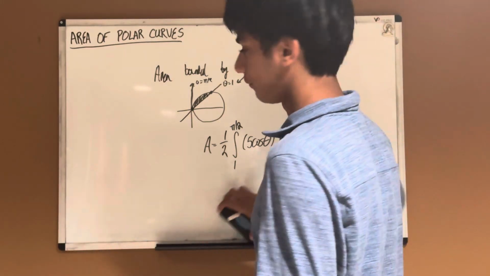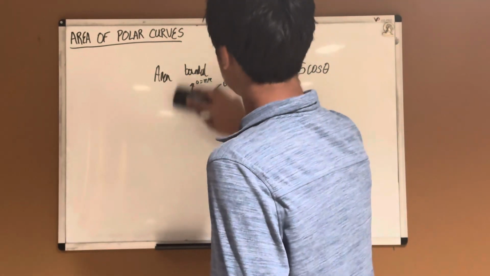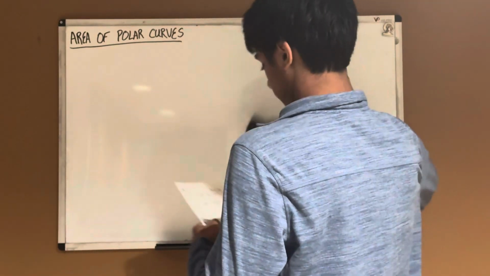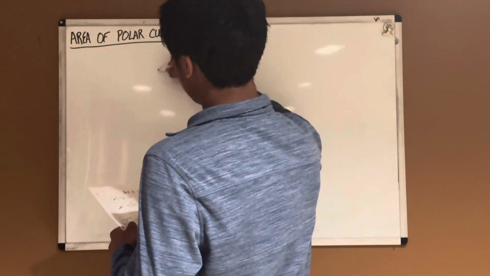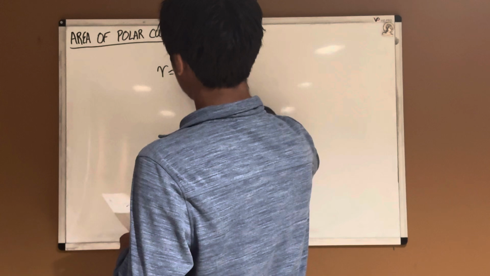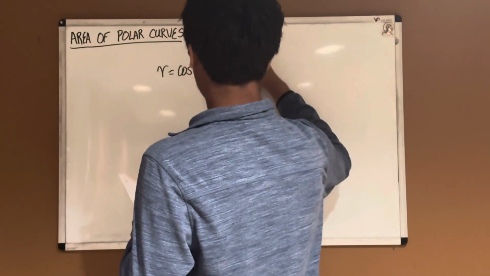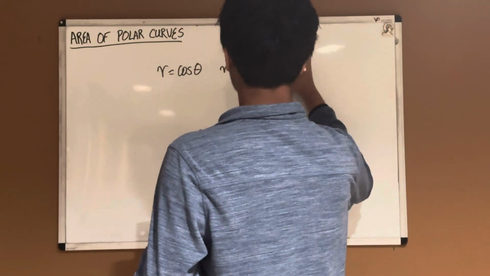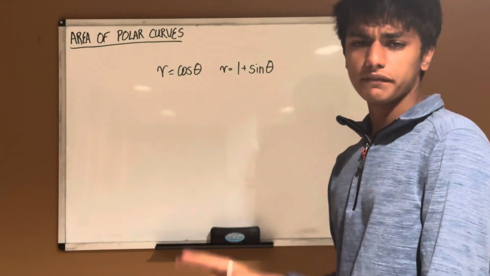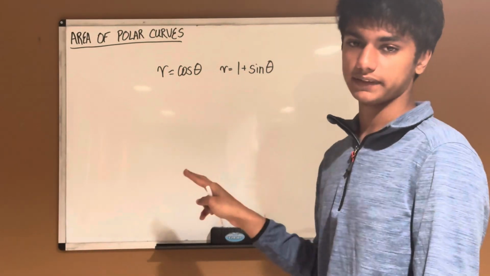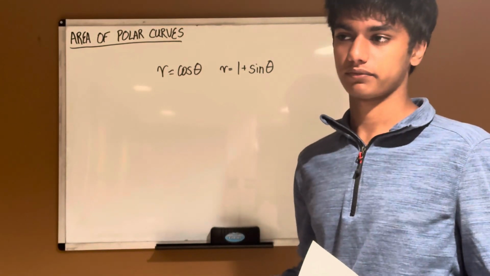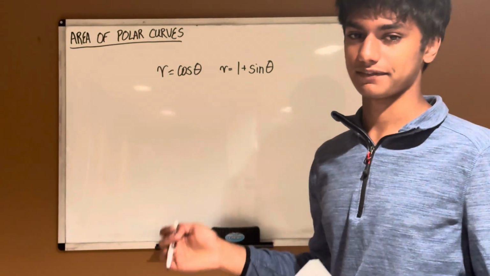And one more problem before we end this video. This one is a little more challenging, but we'll get through it. It's asking us to find the area bounded by r equals cosine theta and r equals 1 plus sine theta. Whenever you're given two polar curves like this, I recommend trying to visualize how it looks, or if they don't give you a graph, then just try to graph it.